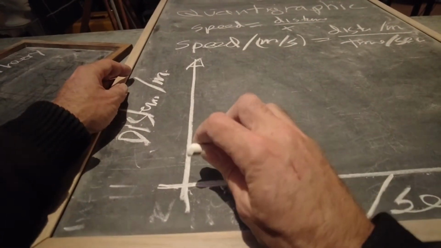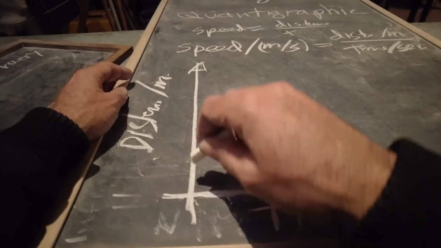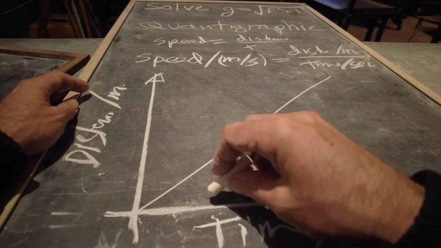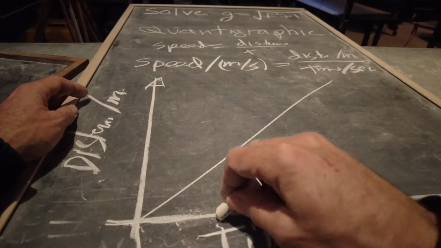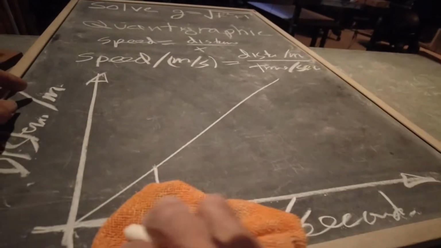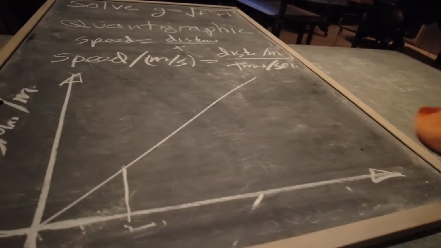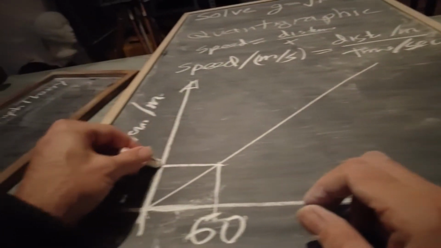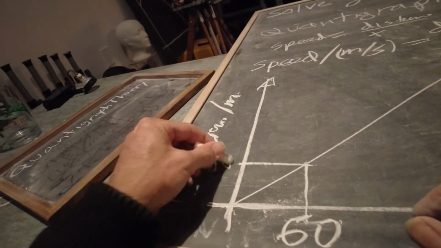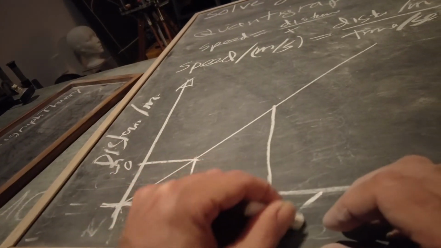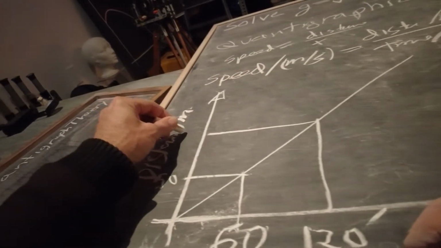So you're going to have a line here of a certain slope, and when the time is 1 minute, if it was by second, then this axis would be 60, and 60 seconds gives you 50 meters, and then 120 seconds gives you 100 meters, and so on.